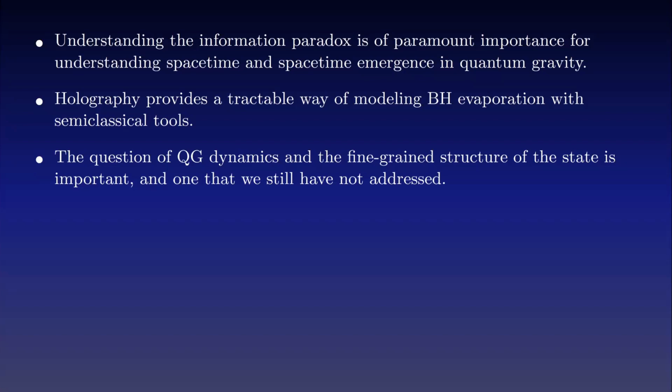I don't know of a way of, and I might be wrong about this, maybe some of the folks who wrote the replica wormhole papers can chime in on this, but I don't know of a way of seeing that in the replica wormhole calculations. I don't know how you would go about seeing that. There's also the fact that those models are somewhat specific in particular examples, and I think that qualitatively speaking, it probably generalizes. I think the details might matter from model to model.